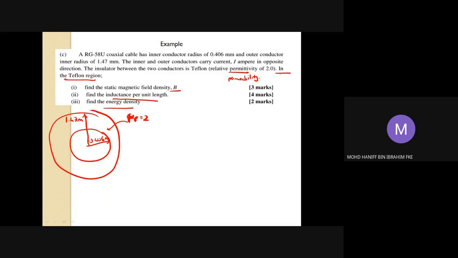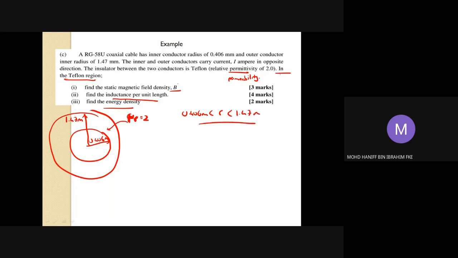Inside this region between 0.406 and 1.47 millimeter, there exists a Teflon material with relative permeability of 2.0. So in this region of Teflon, the range r between 0.406 millimeter and 1.47 millimeter is your range of interest.